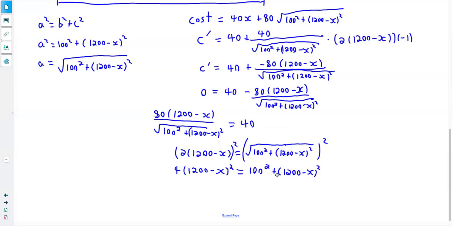Now I'm going to combine like terms. We can see that what's in this bracket is the same as what's in this bracket. So if I subtract this over, that gives us 3 times (1200 minus x) squared equals 100 squared. Going to divide both sides by 3.